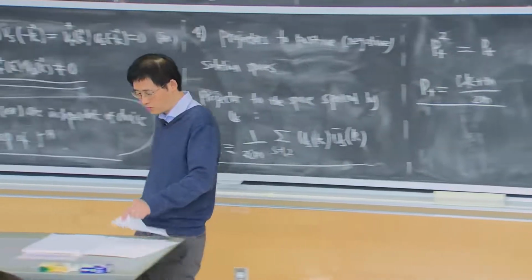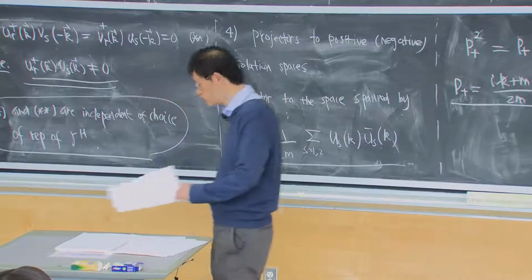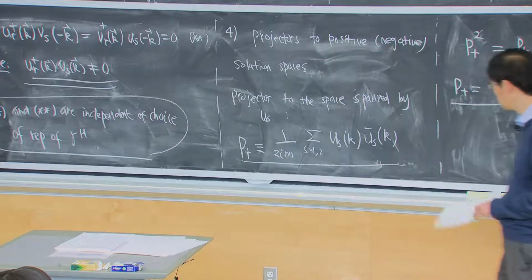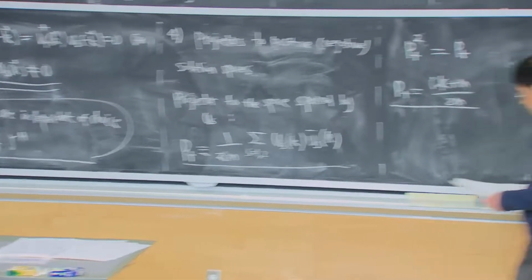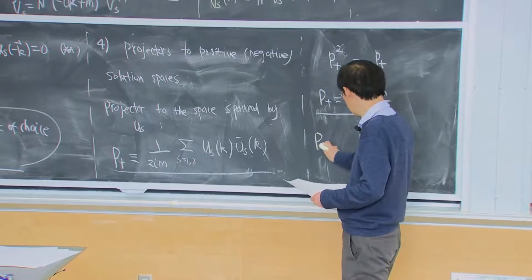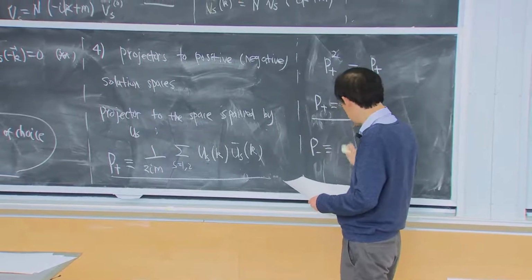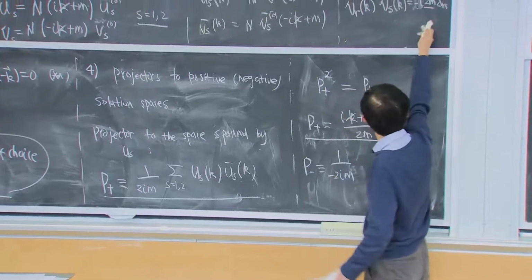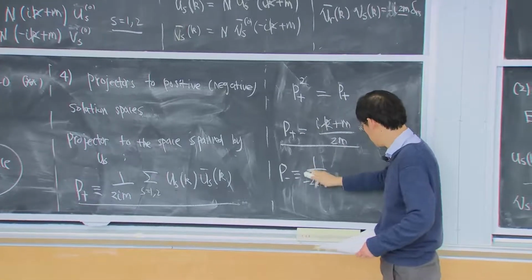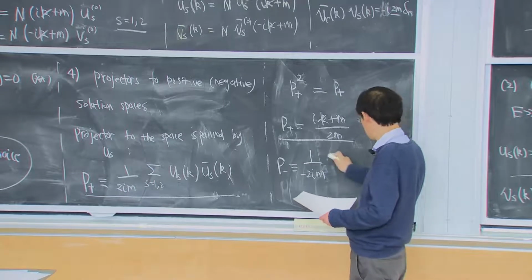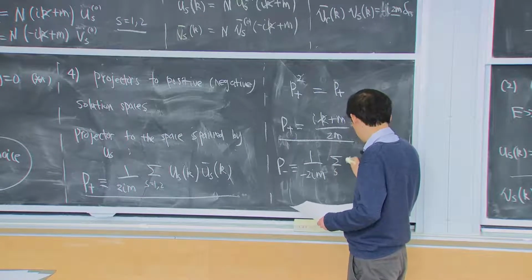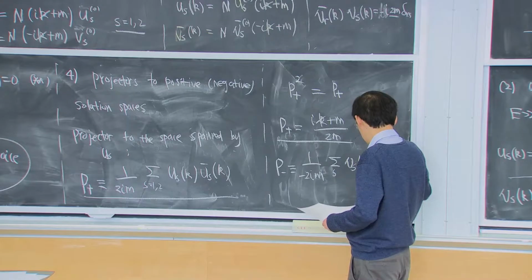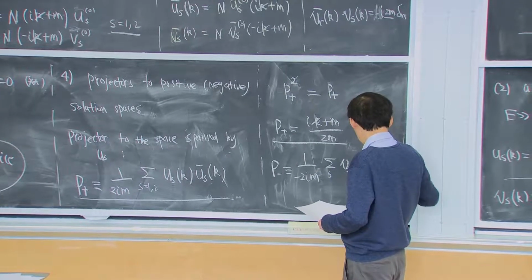And similarly, you can define the projector to the space of v. So P minus, you can define to be 1 over minus 2im because of the minus sign here, sum over s of v_s(k) v_s bar(k).